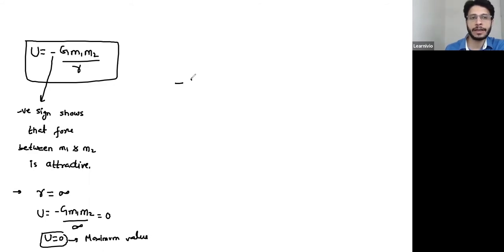If on a number line I write minus 10, minus 9 and 0, which one is the maximum number? I'm even taking 1000. 0. So that's why, if you don't take R equal to infinity, then all values of U would be negative. But if you take R equal to infinity, then your U will be 0, and that is the maximum value of potential.